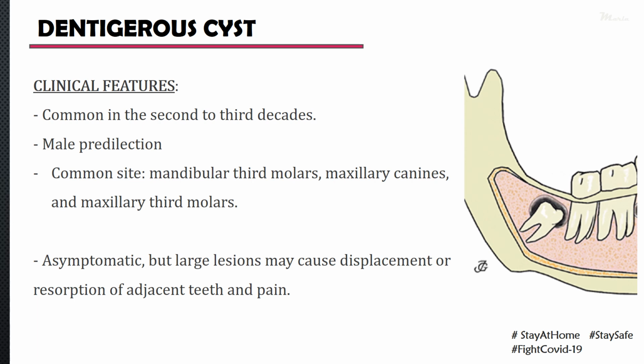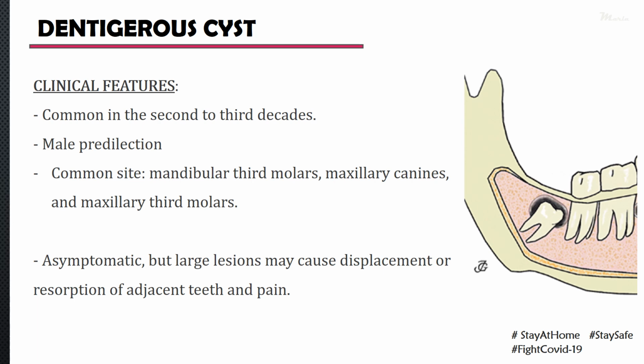Here we have to understand that the common site of occurrence is related to the commonly impacted tooth. As we are already aware, the mandibular third molar is the common tooth to be impacted. Dentigerous cyst can occur only in relation to an impacted or unerupted tooth. Hence, its occurrence will also match with that of the types of impaction.